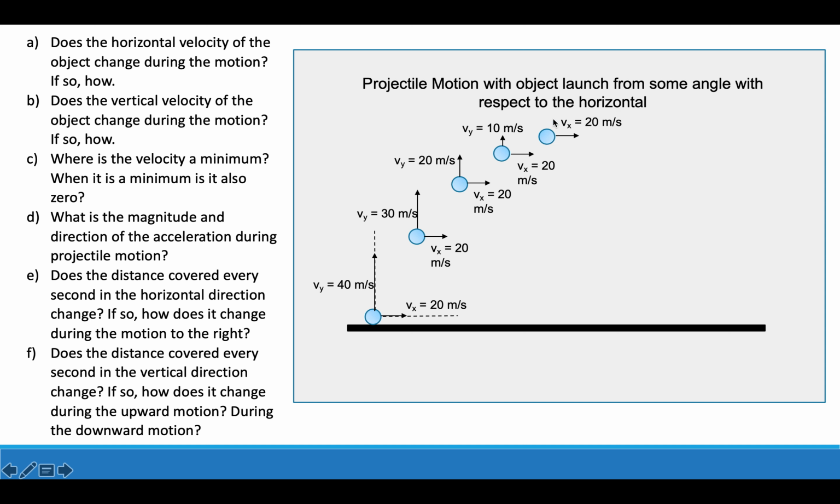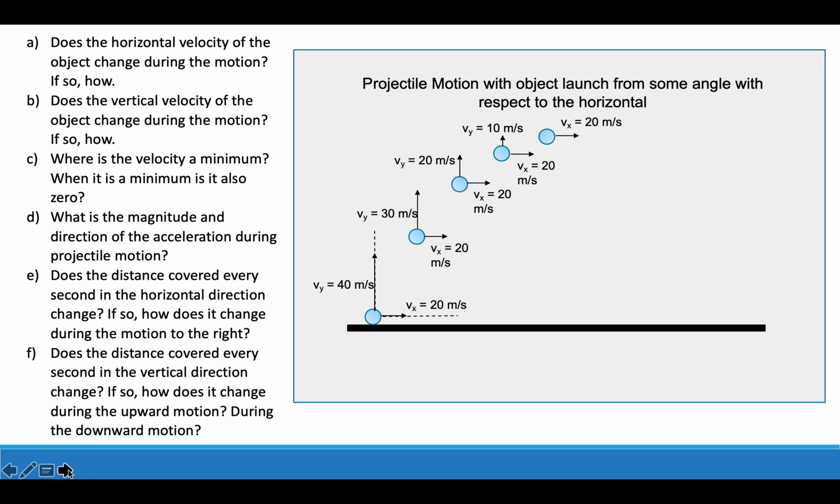At the top, the vertical velocity is 0, but the horizontal velocity is still present, and it's still 20 meters per second. So the very top is the location where the velocity is a minimum, but it still has some horizontal velocity. The vertical velocity is 0.